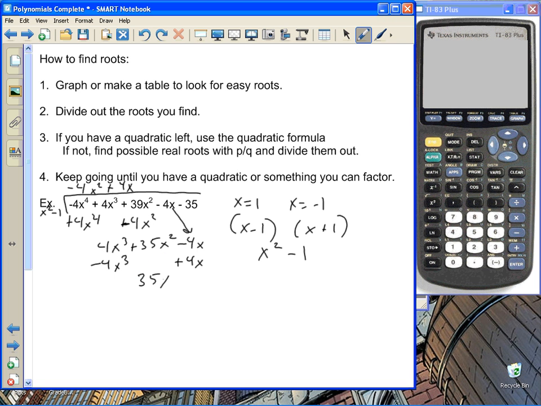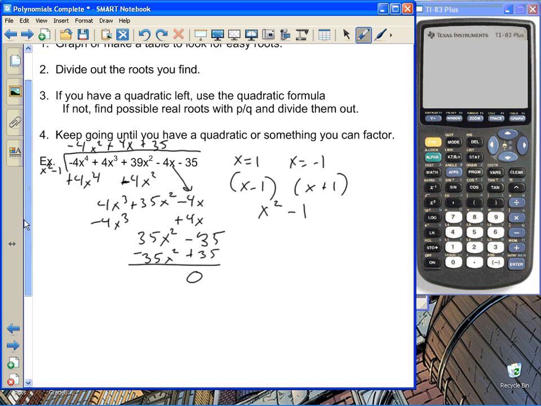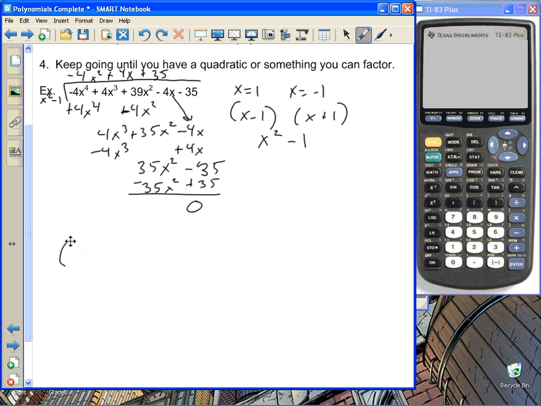These go away. 35x squared comes down. This cancels. That'll bring the 35 down. And then I just have to multiply by 35. And that's going to get me my no remainder. So now what I've just done is I've taken out this factor. And it left me with my answer here. Negative 4x squared plus 4x plus 35.